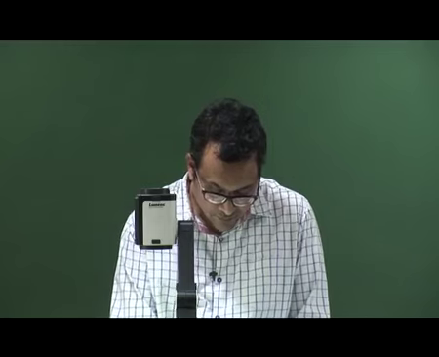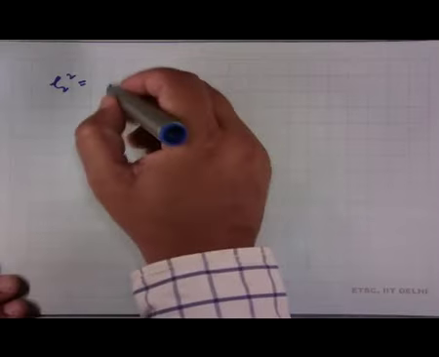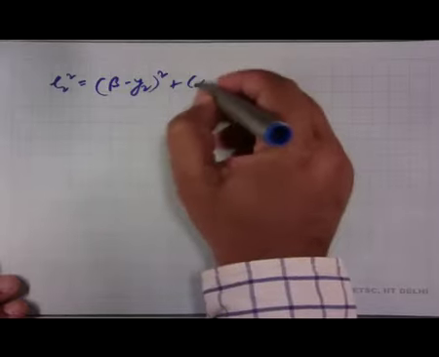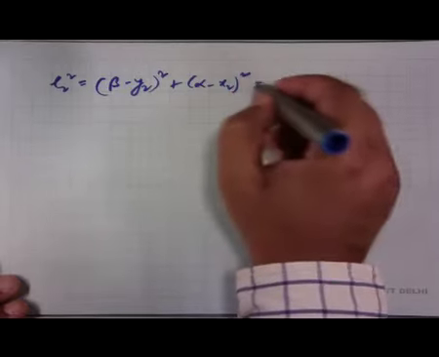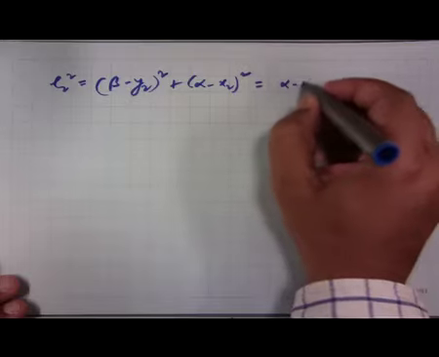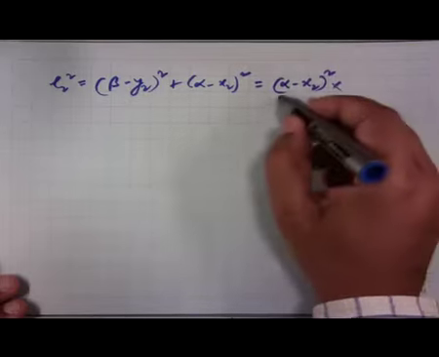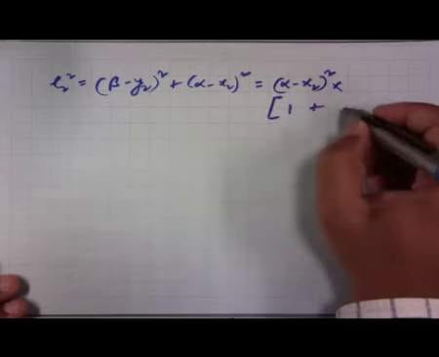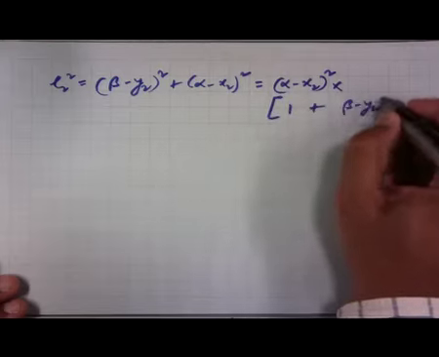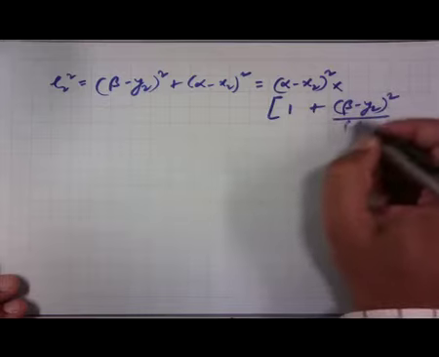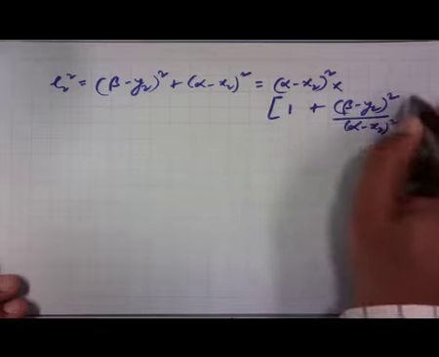So, in the previous slide we had L2 square is beta minus y2 whole square plus alpha minus x2 whole square, which is equal to, I will take alpha minus x2 whole square as common outside, this multiplied by 1 plus beta minus y2 whole square by alpha minus x2 whole square.